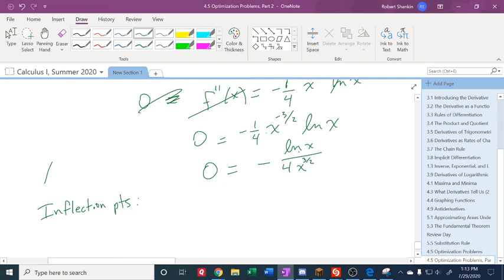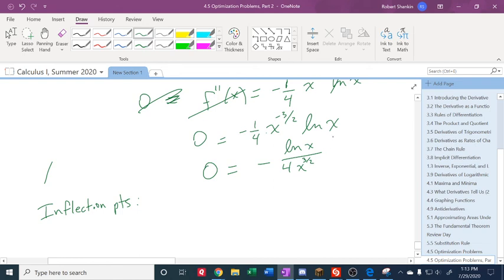Can ln x ever be 0? E to some power, what's the exponent to get e to that exponent to be 0? It's impossible. So there's no solution, there's no way to get the numerator of this fraction to be 0.